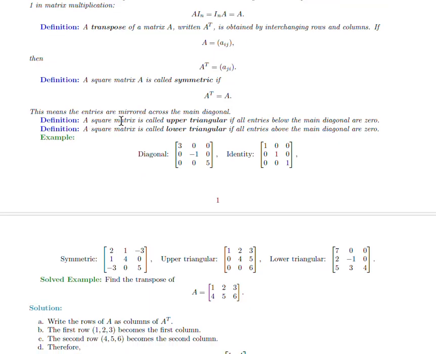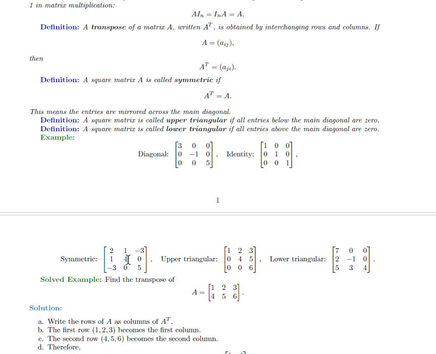A square matrix is called upper triangular if all entries below the main diagonal are 0, and lower triangular if all the entries above the main diagonal are 0. So we can see examples.